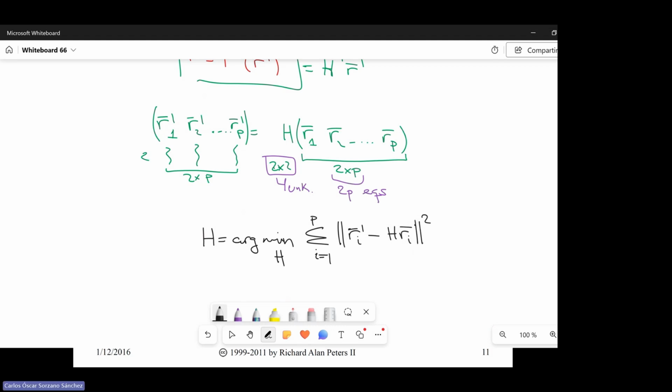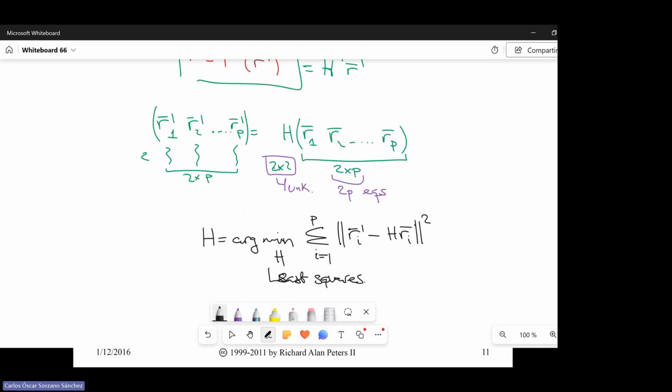So what we are saying is, I know that H will not satisfy exactly all the pairs. So H is mapping from R to R prime. I will take every point in R, map it to R prime using H. There will be a difference. And then I will compute the norm of that difference, add all those norms and try to make them as small as possible. And we call this problem the least squares solution.